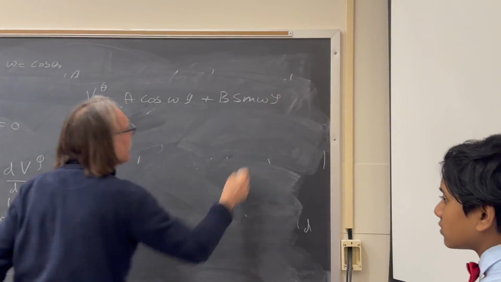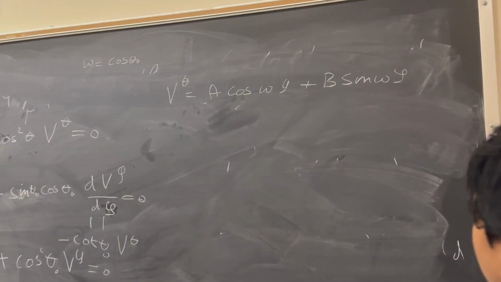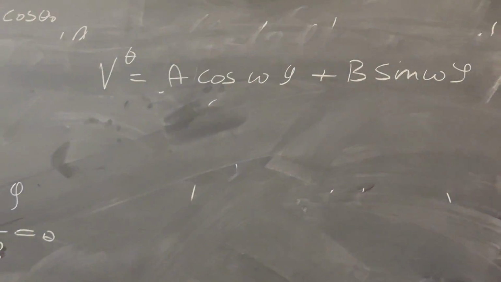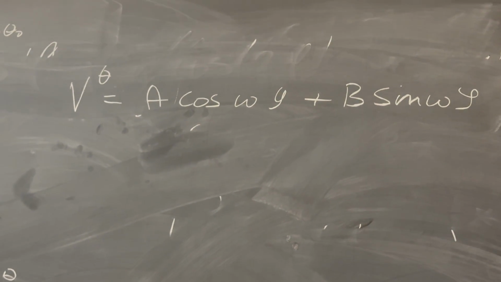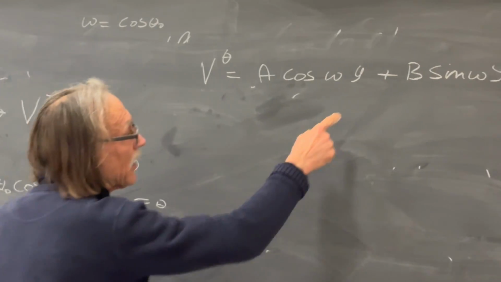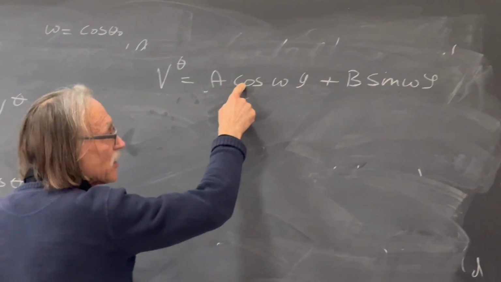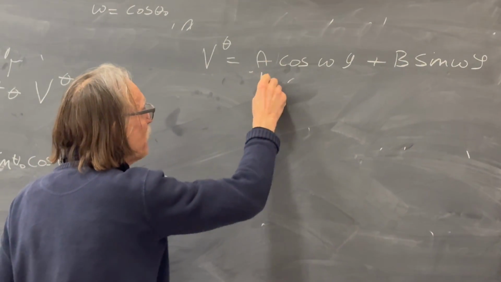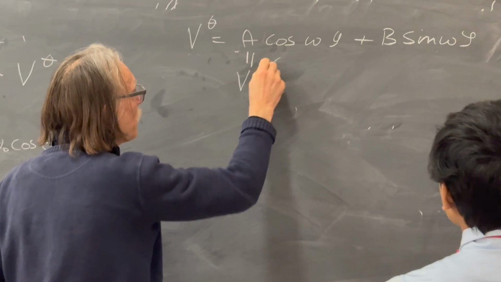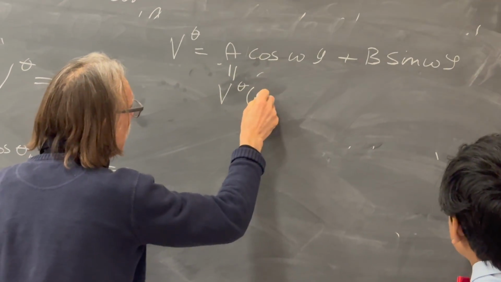And the time is actually the phi variable, plus b times the sine of omega times phi. So that's the solution of the parallel transport as a function of phi. That's how the vector changes. And at phi equal to 0, this is 0, this is 1. So that means that this is equal to v theta at phi equal to 0.